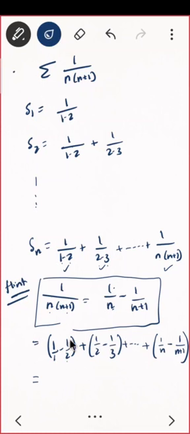The second term of this guy is cancelled with this, and this will be cancelled with this. Even this guy will be cancelled with somebody. I'll be remaining with just the first and last. So I'll be having just 1 minus 1 upon n plus 1, and this is actually called a telescopic series.